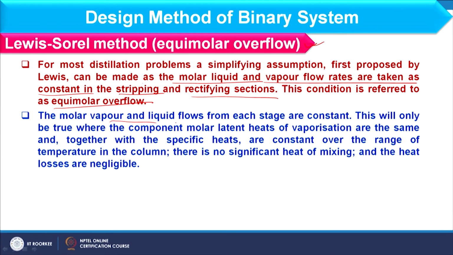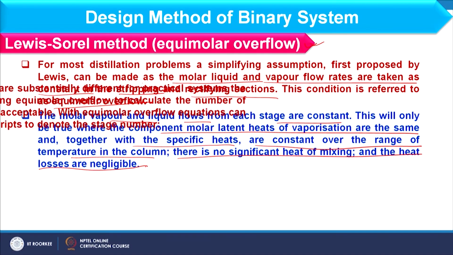So, the molar vapor and liquid flows from each tray are constant, that is the assumption only, and this will be true where the component molar latent heats of vaporization are the same and together with the specific heats are constant over the range of temperature in the column, and there is no significant heat of mixing and heat losses are also negligible.